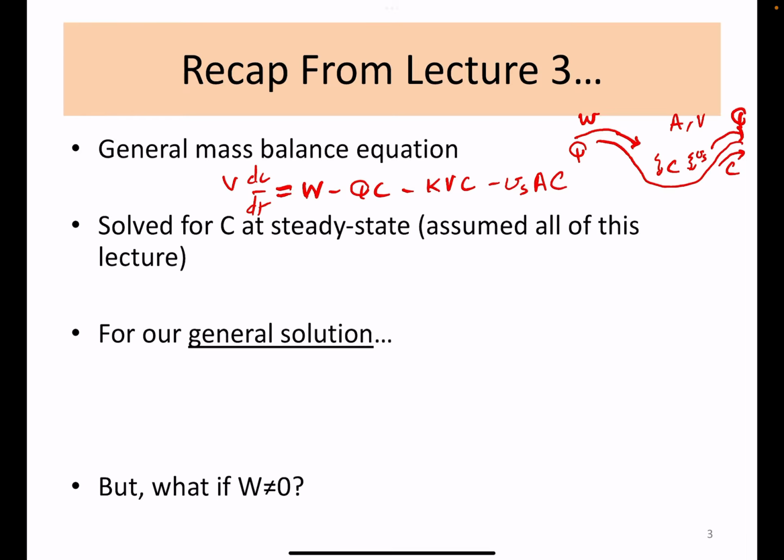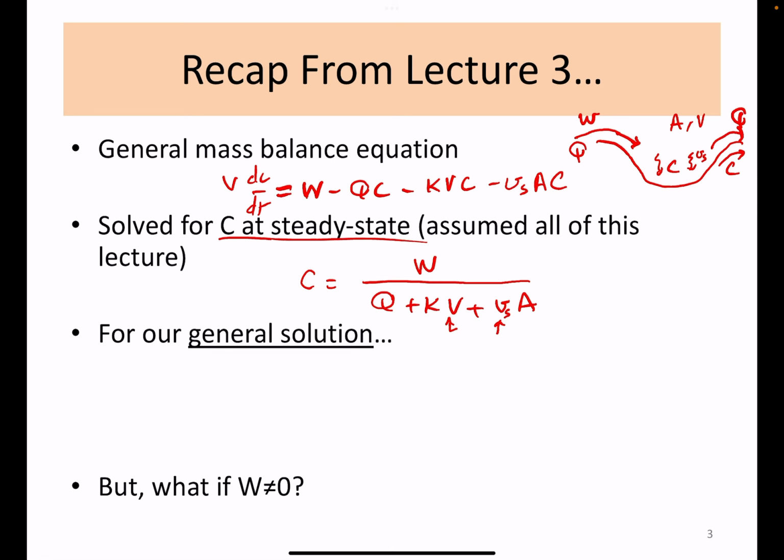Now, if you want to solve it at steady state, you have to assume dC/dt equal to 0. So the concentration out is equal to the loading over Q plus KV plus settling velocity times A. You should differentiate between volume and settling velocity.